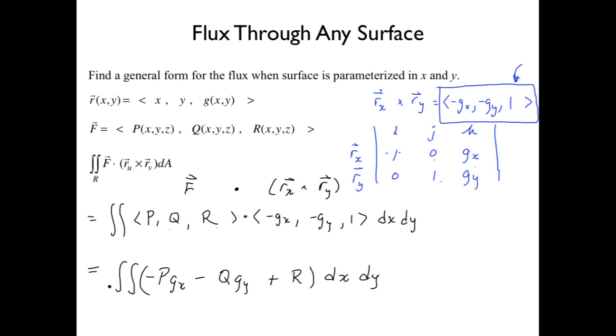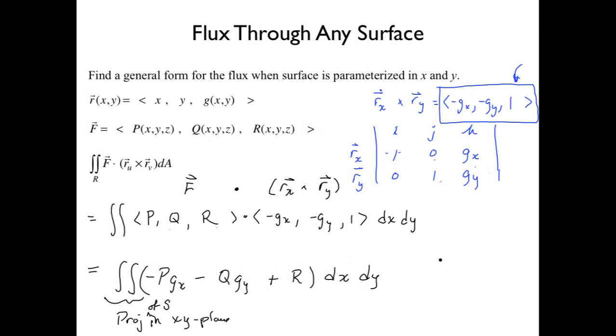So this is going to be your limits of integration. Now we've got a double integral. The limits of integration are going to be the projection of your surface into the xy plane. I think we called that D. Yeah, we called that D.